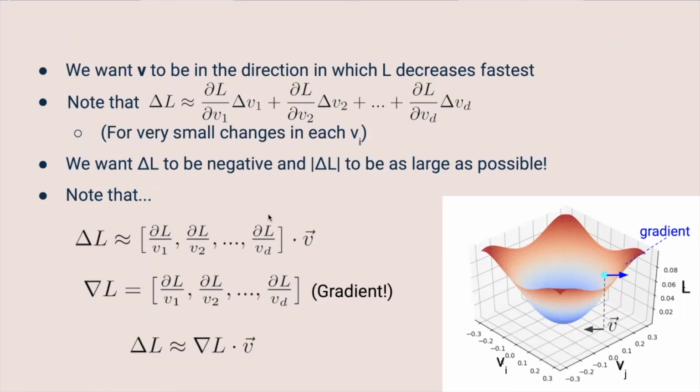So this ends up being a dot product between all these partial derivatives and our direction. And coincidentally, or maybe not, this turns out to be the gradient, the definition of gradient from vector calculus. It's just the partial derivative of your function with respect to every single dimension.